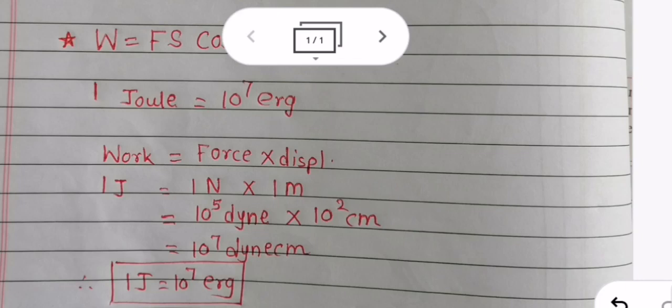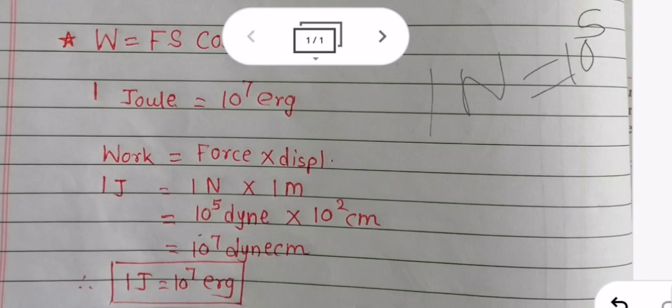Work, we know that. Now how does it come? Let us derive it. We know that work is equal to force into displacement. Then work is measured in joule. So 1 joule is equal to, force is measured in Newton, 1 Newton into displacement, it is measured in meter. So 1 Newton into 1 meter. Now we have to convert it in the CGS system. So we know that 1 Newton is equal to 10 raised to 5 dyne.